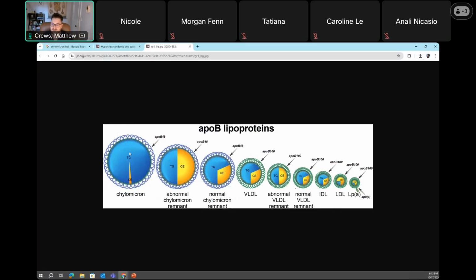Chylomicrons really only exist in the portal system. Generally, they get repackaged in the liver into VLDLs, HDLs, IDLs, and LDLs. But if they do appear, they're in very, very low numbers in the bloodstream. Okay.